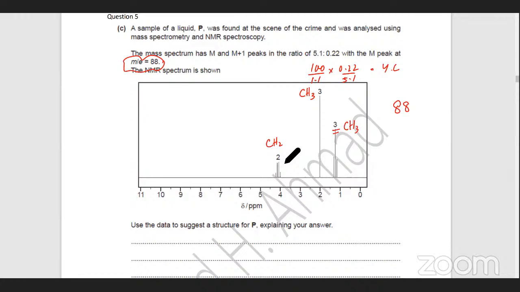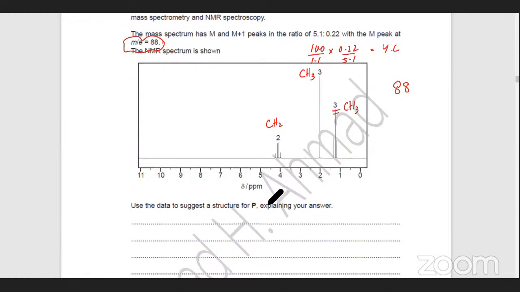But if there's 1 hydrogen, that might be an OH. It depends, but there's a high probability it would be an OH. And if you have more than 3 hydrogens, that's probably a benzene. Or you could have both CH3s in the same environment, so you're going to get a peak of 6.